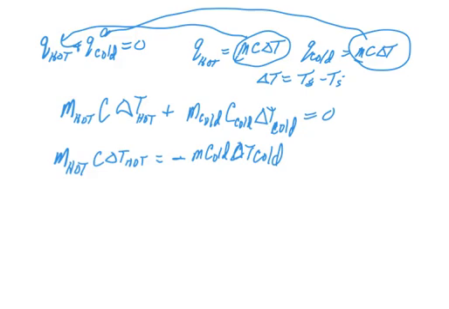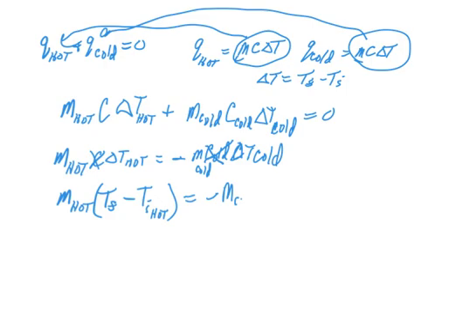Well, since I was using water, the heat capacities cancel out. The masses were different, so I have to account for that, and I'm going to wind up with mass of the hot, and our ΔT is T final minus T initial, and this is of the hot, and that's going to equal minus of the cold, T final minus T initial of the cold.